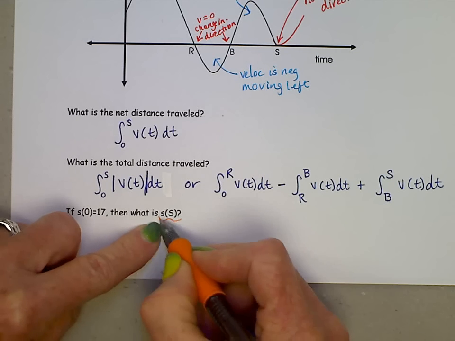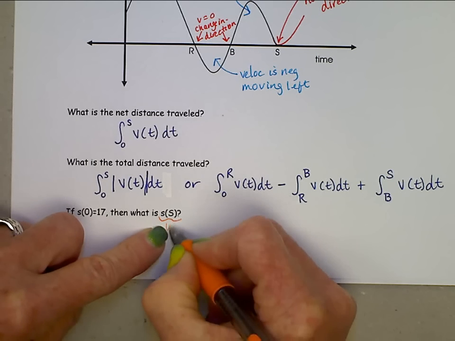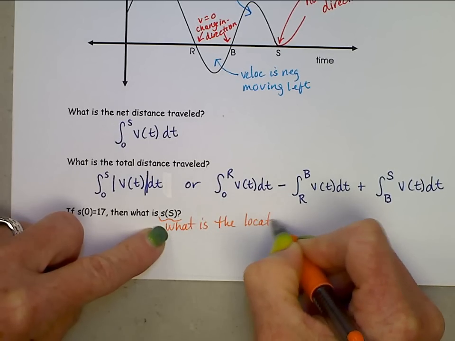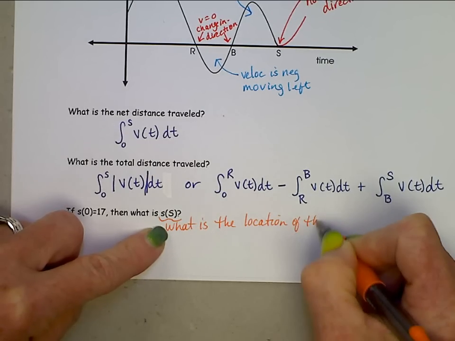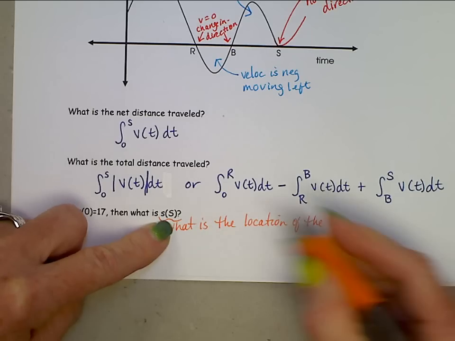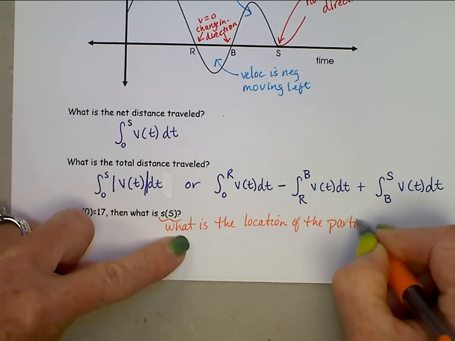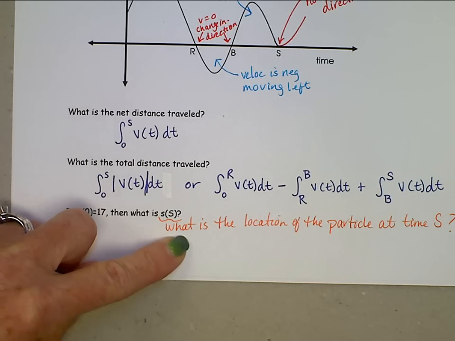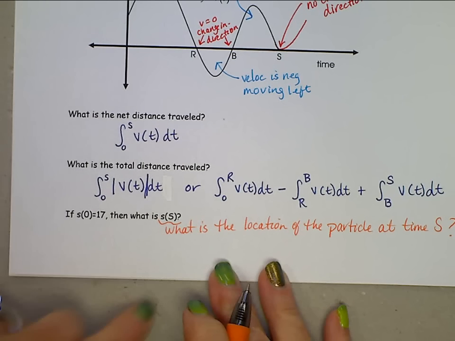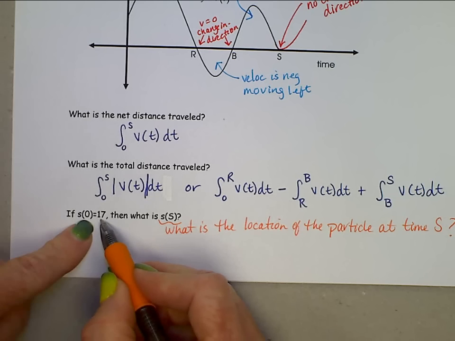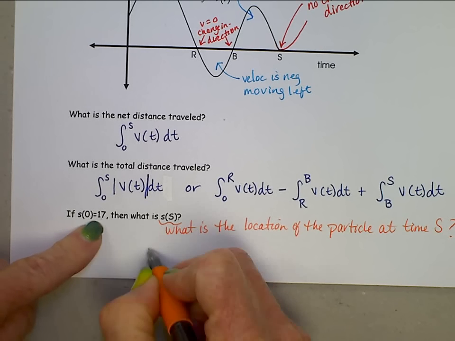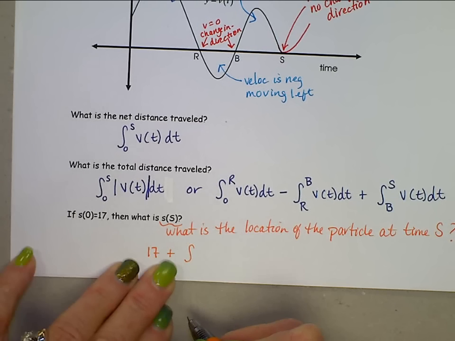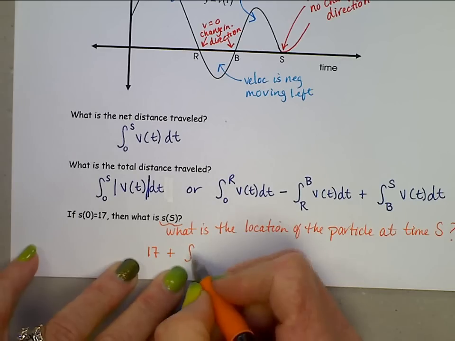So by this notation, I'm asking you what's the location of the particle at time uppercase S. And to do that, we have to take where the particle starts, and it started at position 17, and then we're going to add on how much it moved, which is its displacement or net distance.